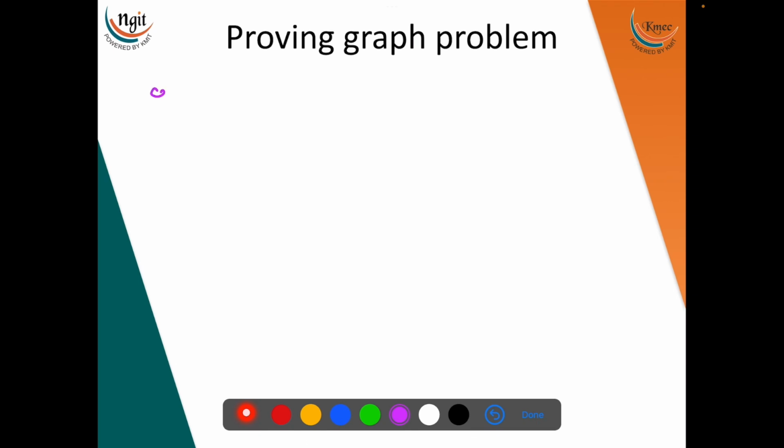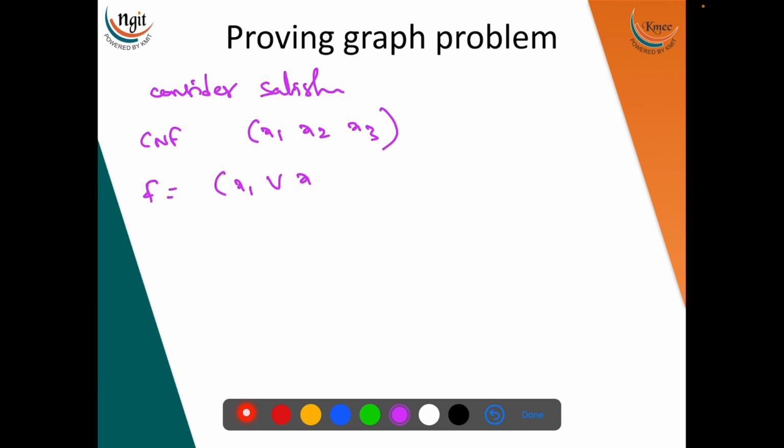Now consider a satisfiability formula in CNF, conjunctive normal form, with arbitrary variables x1, x2, x3. The formula is (x1 or x2) and (x1' or x2') and (x1 or x3).